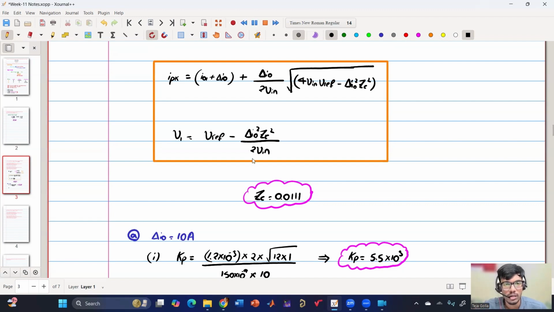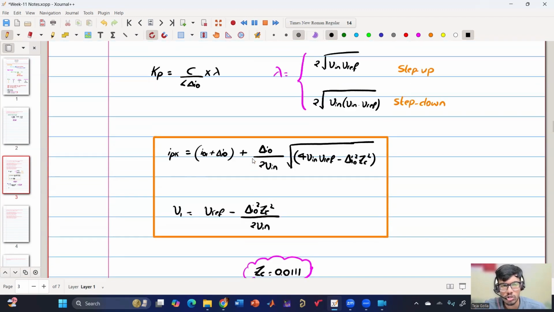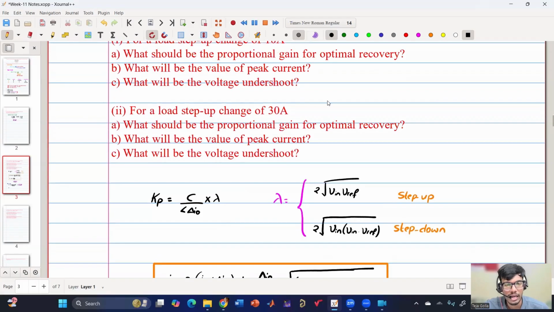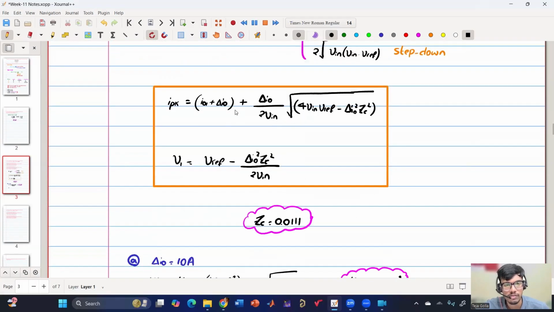Okay, 3.85, or it should be more, right? Because I naught 1 is 1 ampere and delta I naught is 10 ampere, so this itself is 11. It has to be more than the steady state values. Please cross check and let me know. Parvati, you also calculate and let me know what value you are getting.